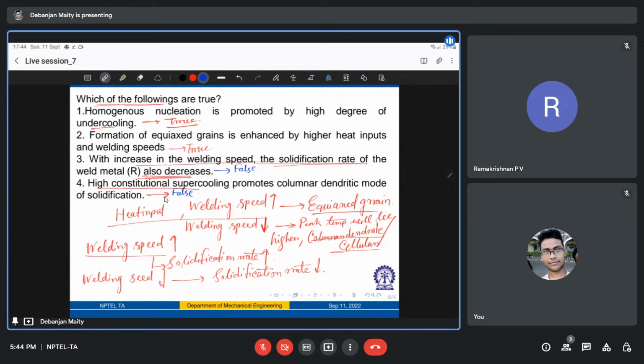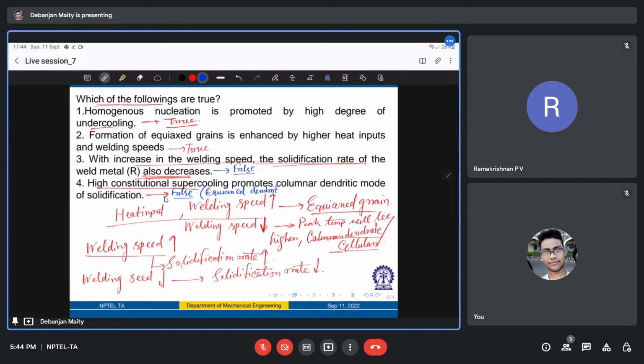Do you agree with these statements? If your supercooling is higher, it forms something called equiaxed, right?